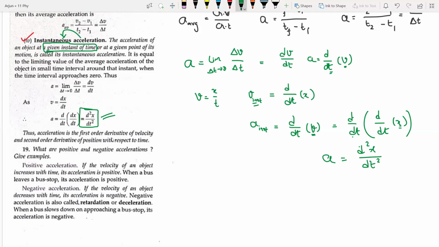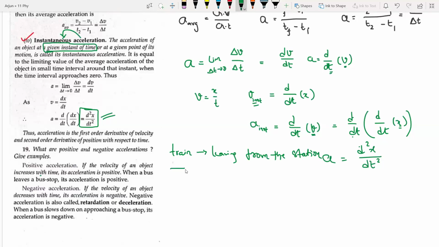Okay, now the last two concepts related to acceleration, that is positive acceleration and negative acceleration. So what is positive acceleration? If the velocity of an object increases with time, its acceleration is positive. So slowly its speed should increase. For example, we can take a train which is leaving from the station.